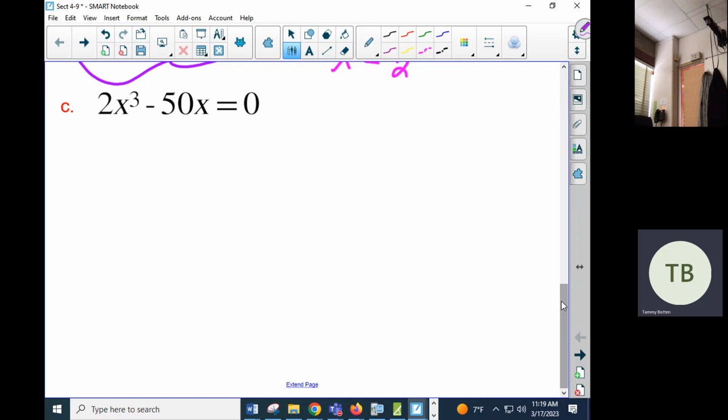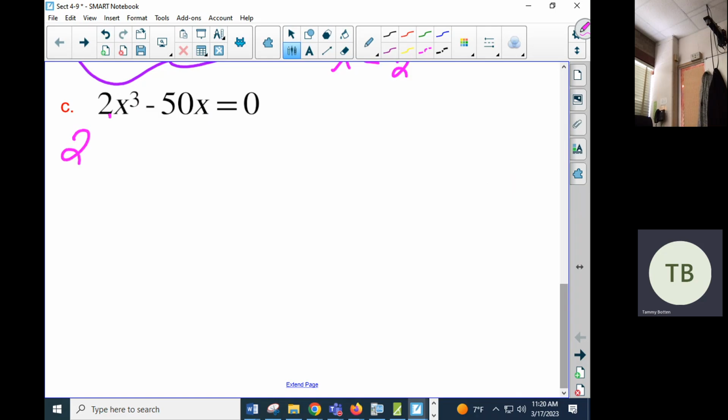Now, if we look down here, notice this one has two terms in it. And when it has 2 terms in it, the first thing you should always think of with every type of factoring is, could I take something out front? Is there a number or a variable that goes into both of these? And doesn't 2 go into 50? So I can take a 2 out front.